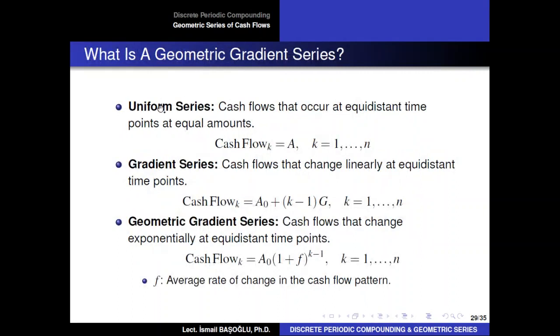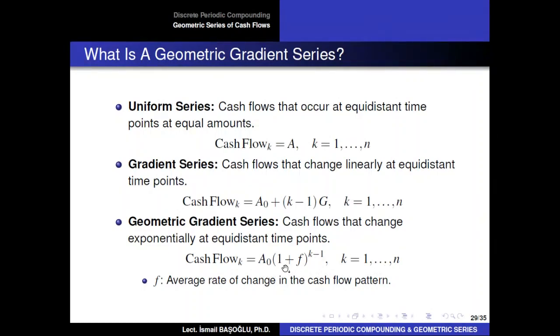Now, in the uniform series, the cash flow at the end of every payment period is simply A. In gradient series, the cash flow that is paid at the end of year K is A0 plus K minus 1 times G, if you remember this from our previous lectures in the third chapter. And in geometric gradient series, there is a base payment of A0 at the end of the first year, but every next year it is going to increase by a factor of 1 plus F based on the previous year.